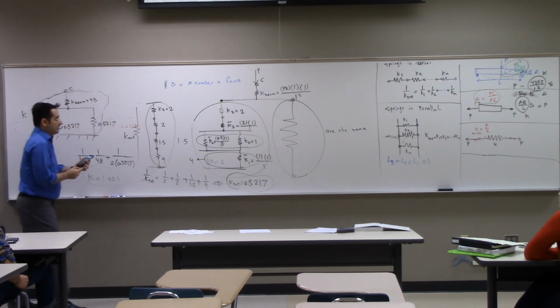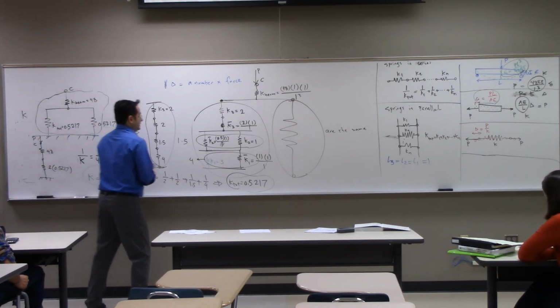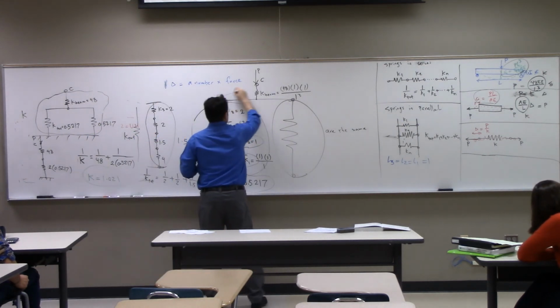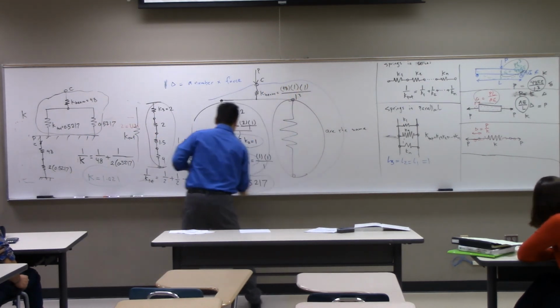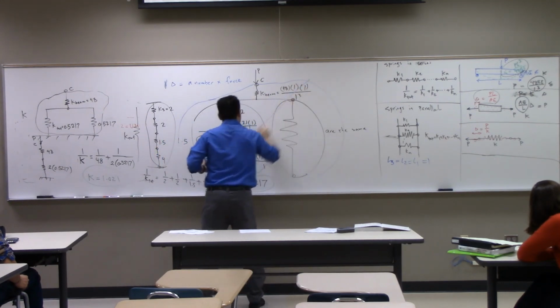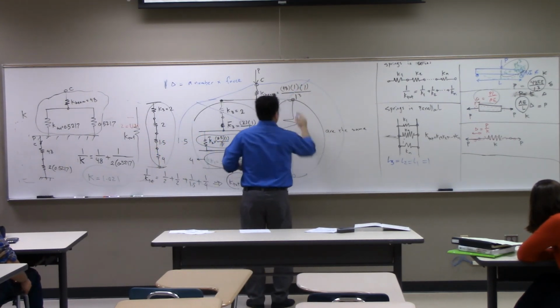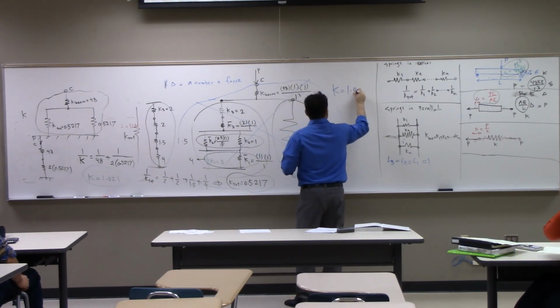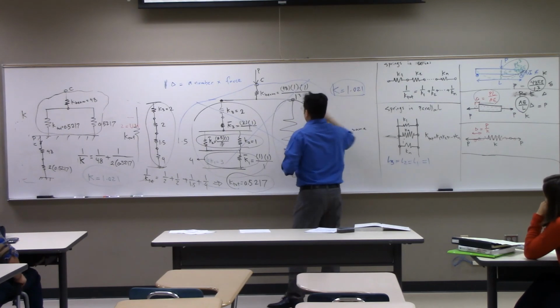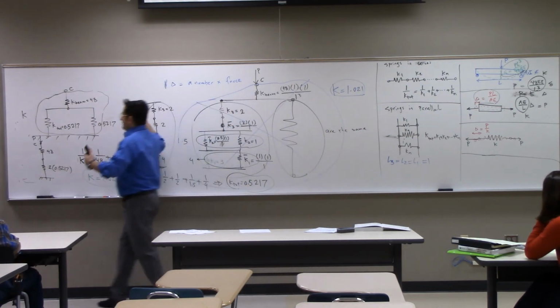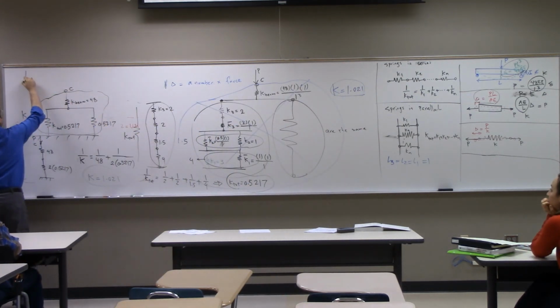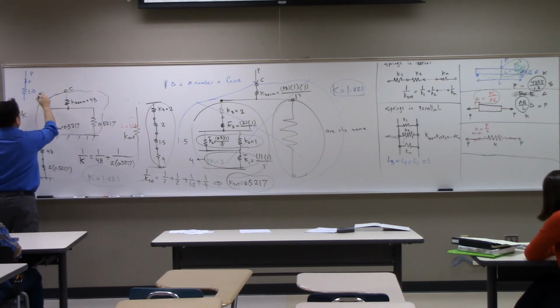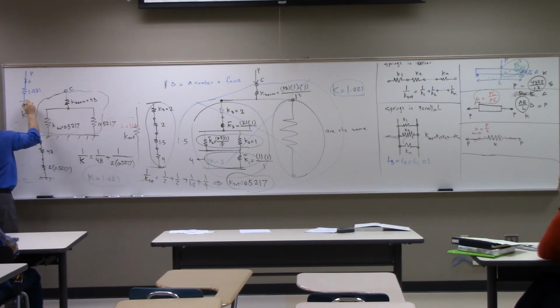That means that you can get rid of the entire thing, everything here, and replace it with just one spring K equal to 1.021. Now, I have this problem. At the end, when you simplify, you have a force P here at point C, and you have one spring, the spring constant is 1.021, and this is the ground.